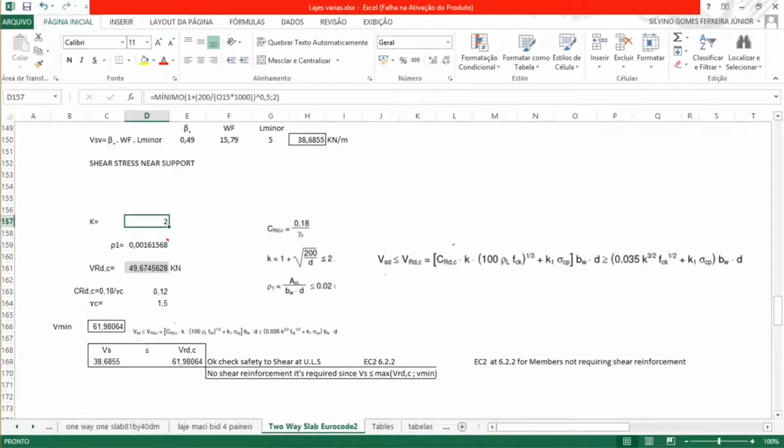The rho here that we calculated will be given by the steel divided by B multiplied by D, and has to be minor or equal to 0.02.